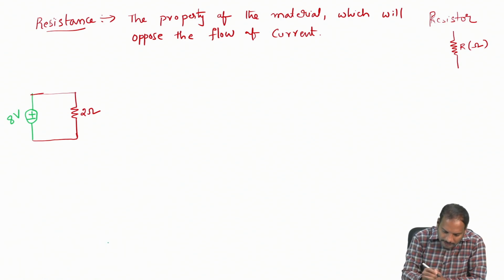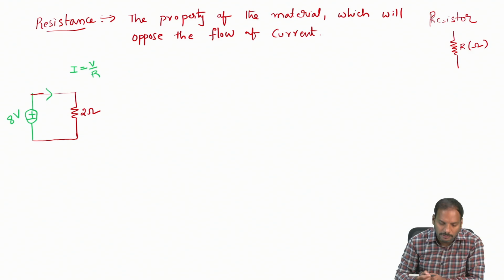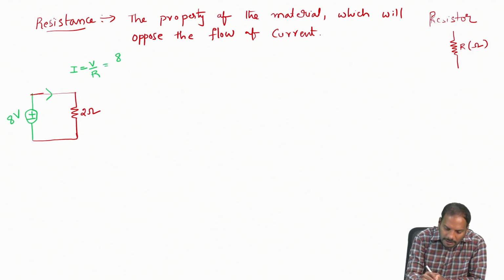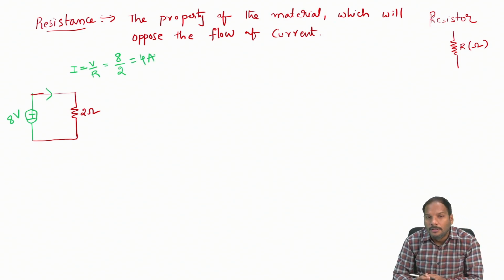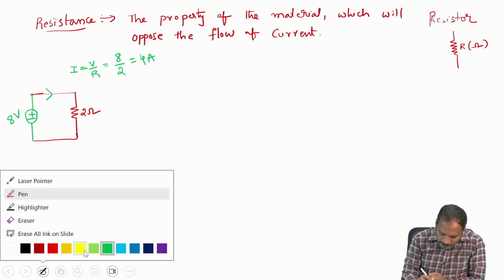The current through the resistor is simply, from Ohm's law, which you know well, I is equal to V divided by R: the voltage across the resistor divided by the resistance value. So it is 8 volts divided by 2 ohms, so 8 by 2, which is 4 amperes. Now I mark the current in the loop, something like this.